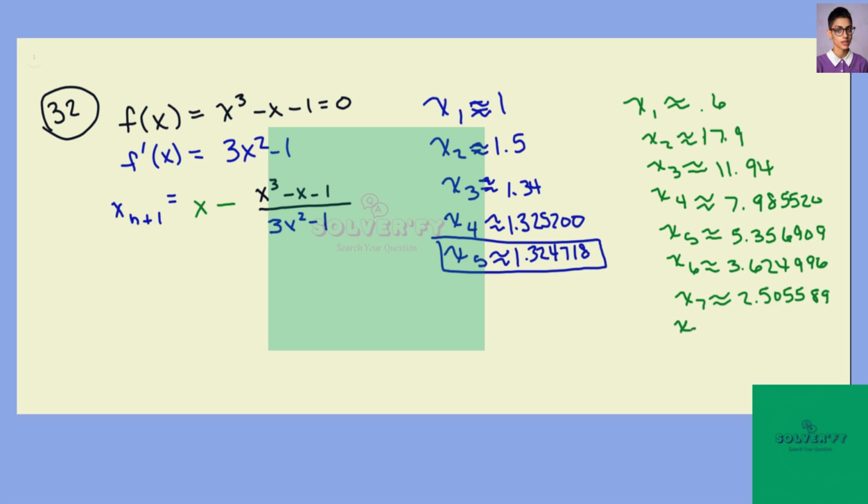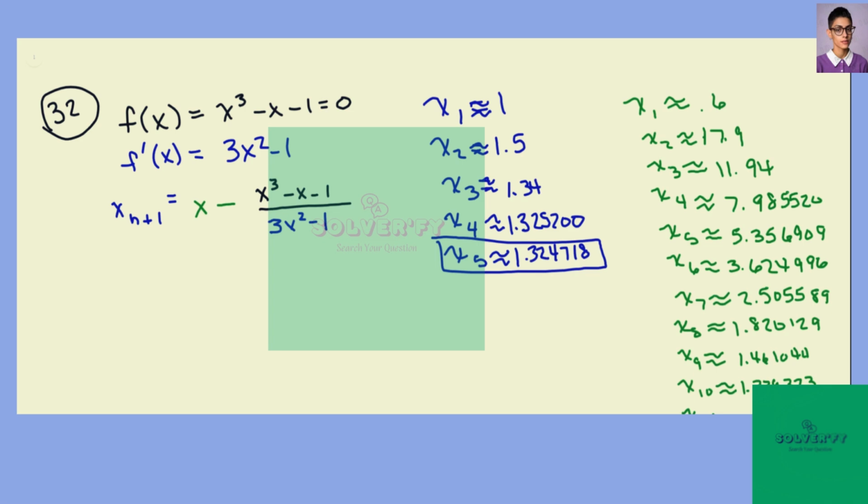X sub 8 is approximately 1.820129. X sub 9 is approximately 1.461044. X sub 10 is approximately 1.339323.